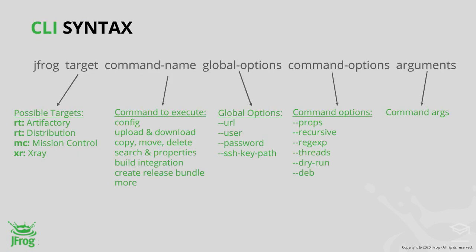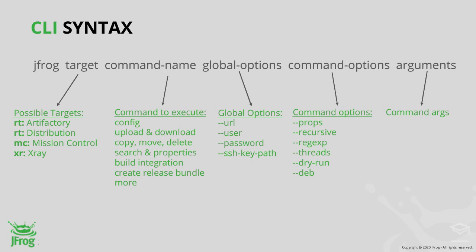The syntax of the CLI, and I'm drilling a little here because we will see some demo on that. JFrog is the name of the tool, which is actually open source, written in Go. The target can be different JFrog services like Artifactory or Distribution or Xray. The command name is the different functionalities that you want to achieve, like upload and download.